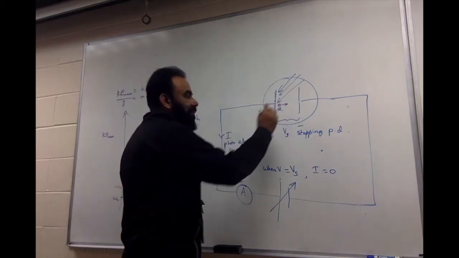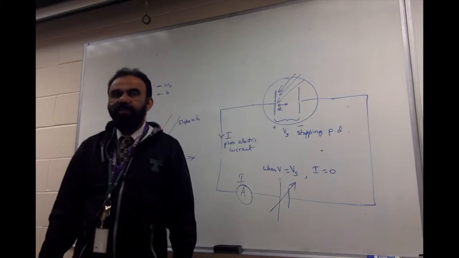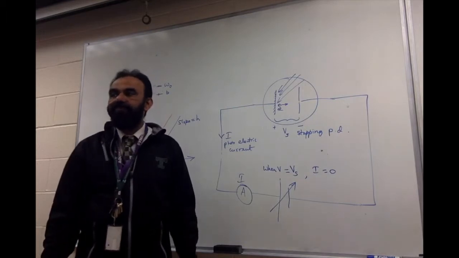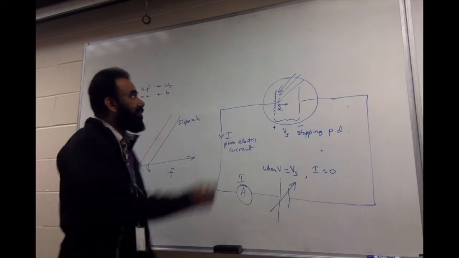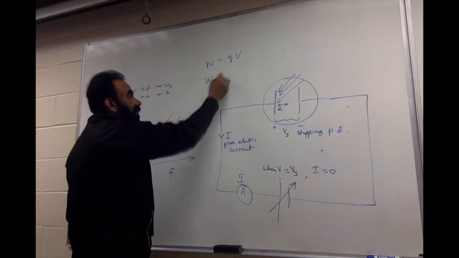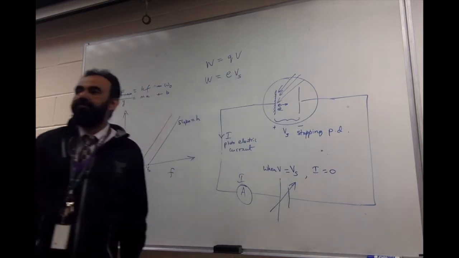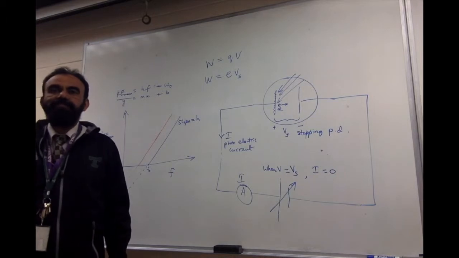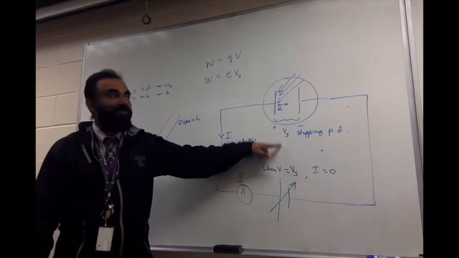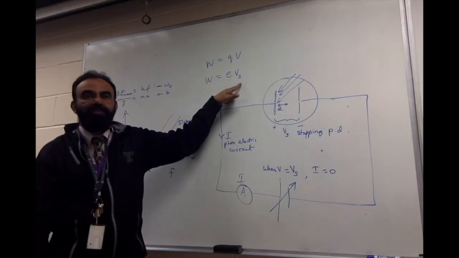Electron's charge is e and the potential difference applied is Vs. So how much work was done on the electron? Yes, so work done is equal to QV. So the work done by the stopping potential difference is eVs, where Vs is stopping voltage.